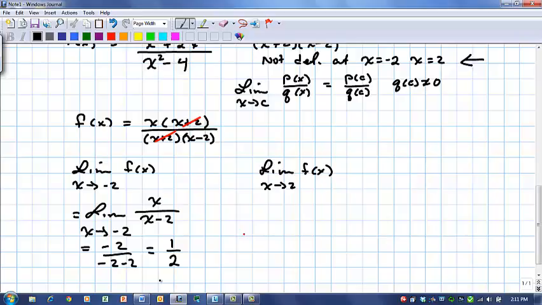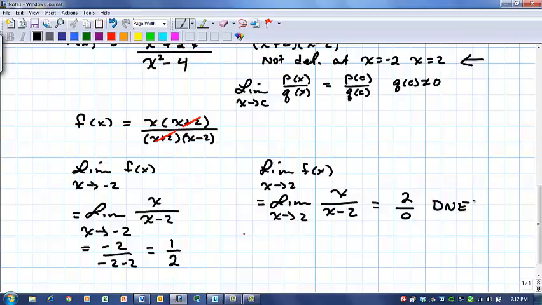If I look at the limit as x approaches 2, again we can use the reduced function. Now if I plug in a 2, I get 2 over 0, which is undefined and therefore does not exist.